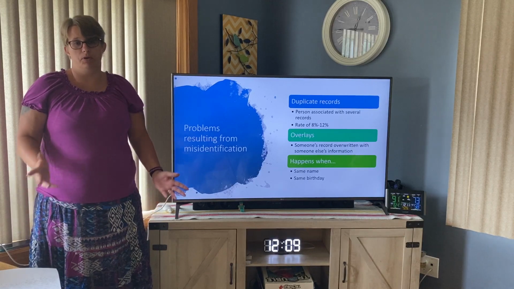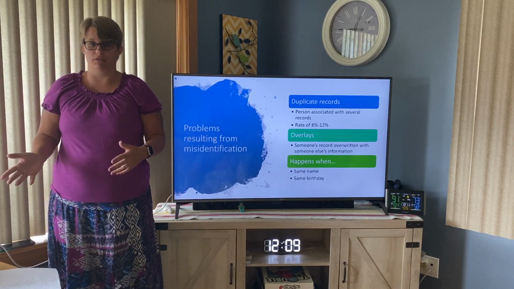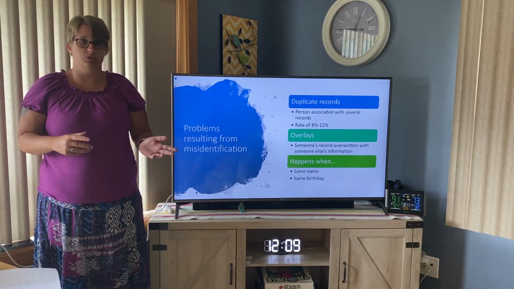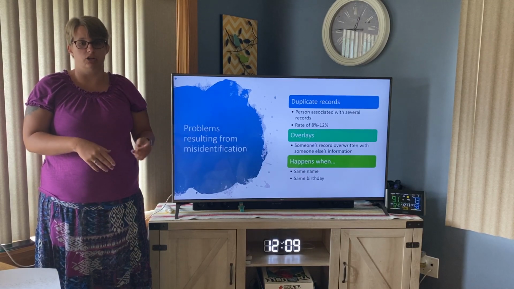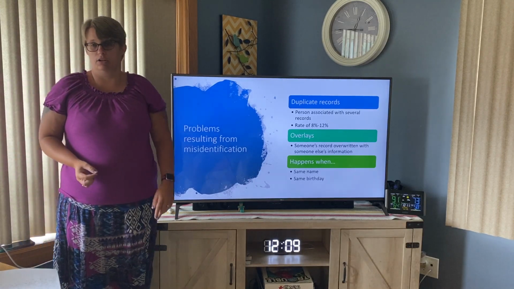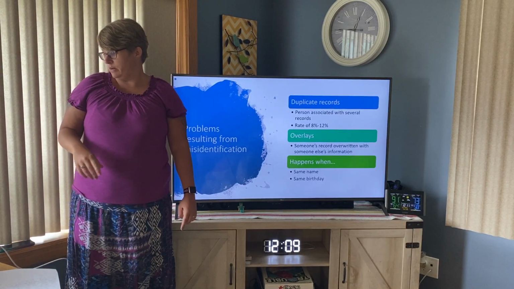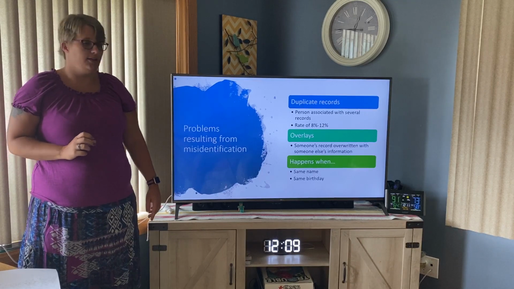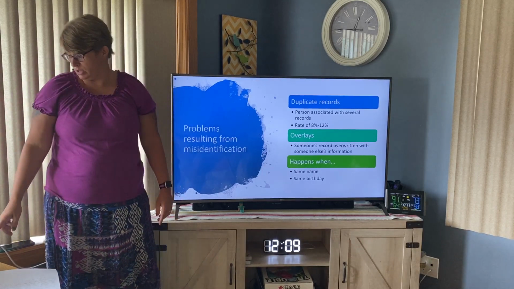Duplicate records is when one person is associated with multiple different records, and an overlay is where someone's medical information is actually overwritten onto someone else's. Duplicate records can occur at a rate of 8 to 12%, and this can happen with same name and same birthday.